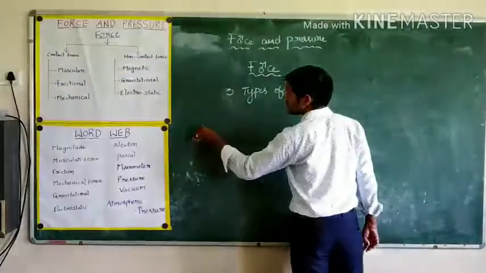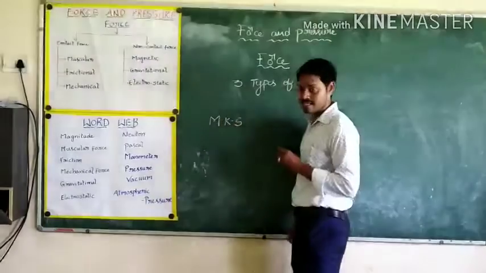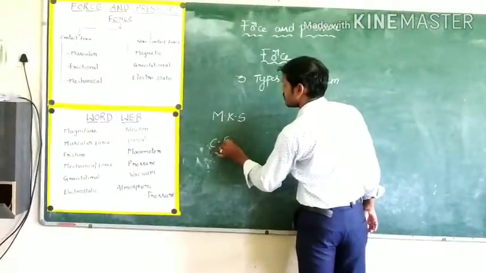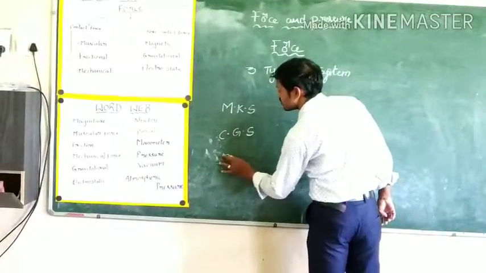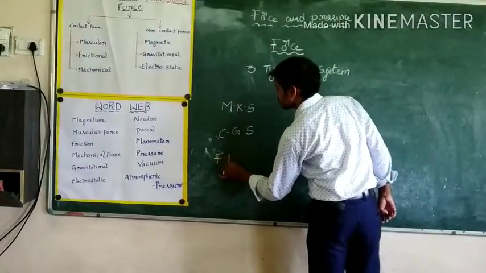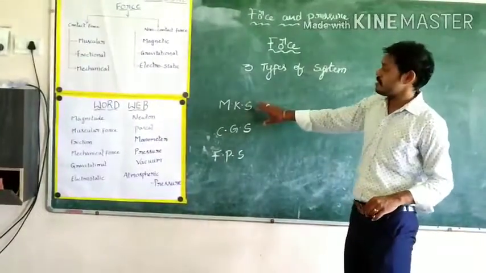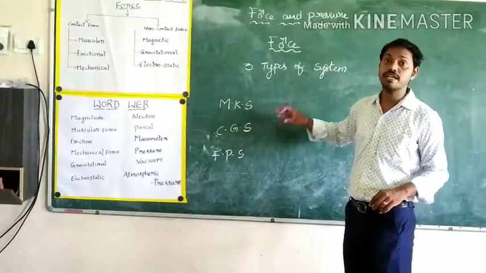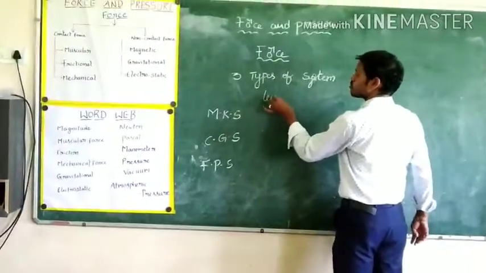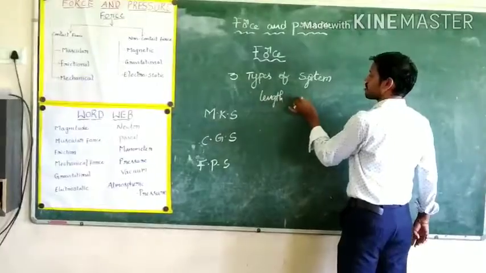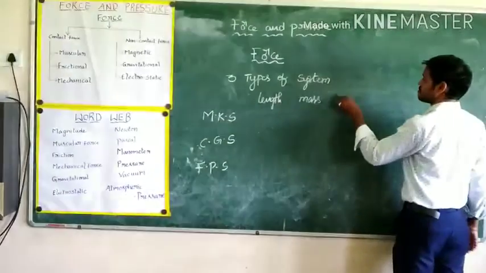The first system is nothing but MKS system. Second one, CGS system. And the third one is FPS system. These are three types of systems which are used to measure quantities. So, the first quantity is length, second one mass, and third one time.